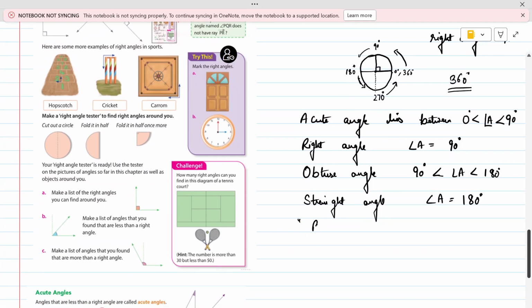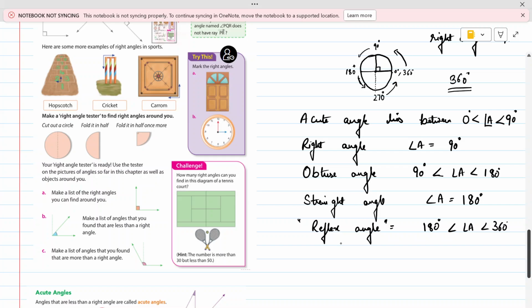Also kids, you have reflex angle, which is not in this grade but in 6th grade, where we say that the angle is greater than 180 degree but it is less than 360 degrees. So the angle will be somewhere here. This would be the angle.